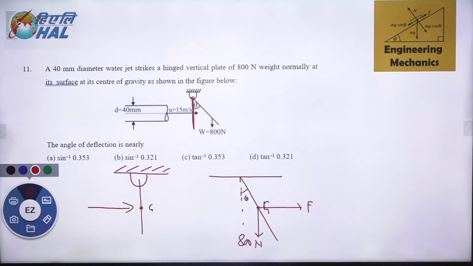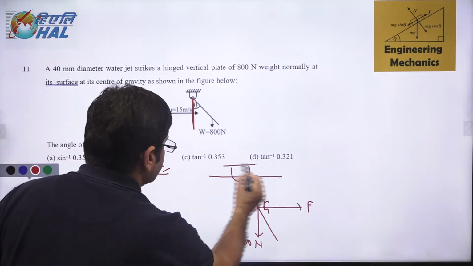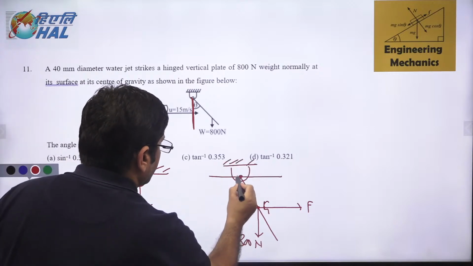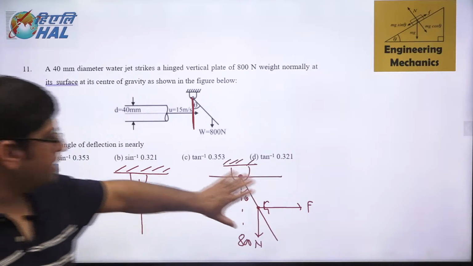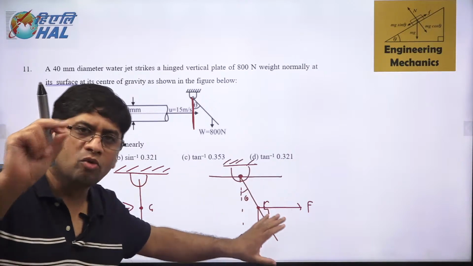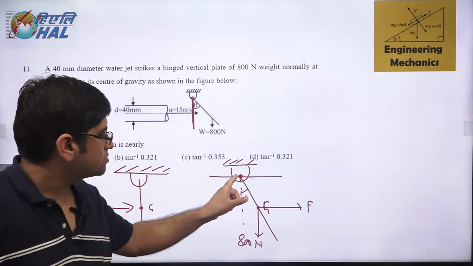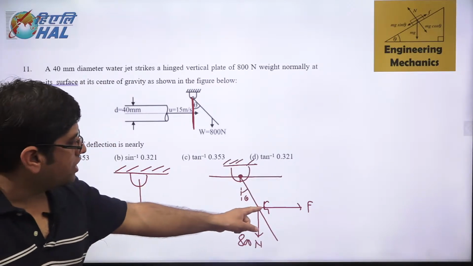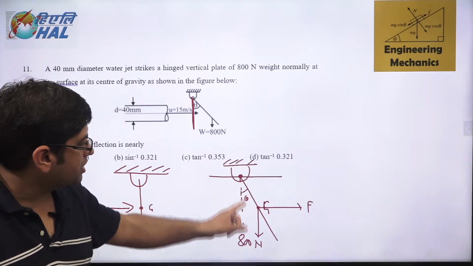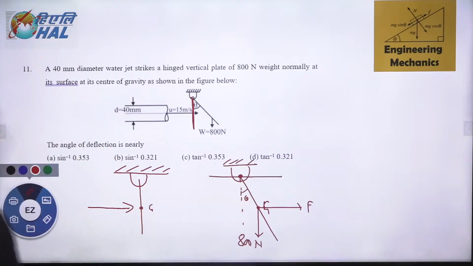Okay, now let's consider the equilibrium at this point. Because the plate is in equilibrium, the net moment acting at this particular point will be 0. That means the moment applied by force F at this point and the force 800 Newton at this point will be equal.